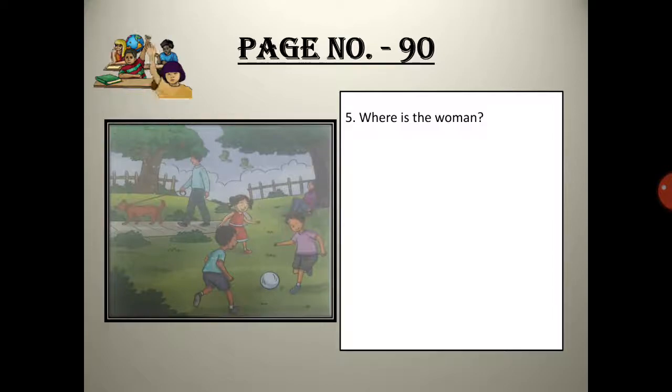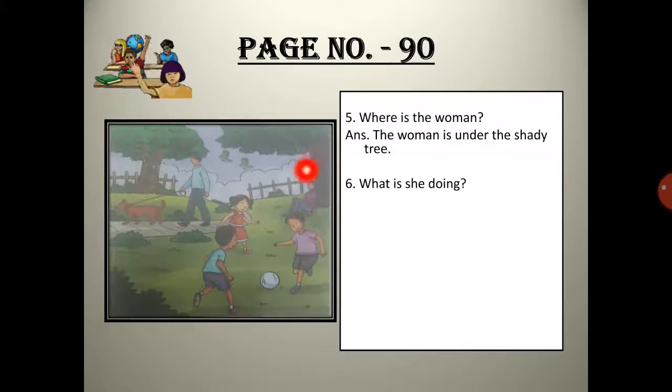Where is the woman? Can you tell me where the woman is? The woman is under the shady tree. You can see this is a shady tree. Now question number 6. What is she doing? She is sitting.